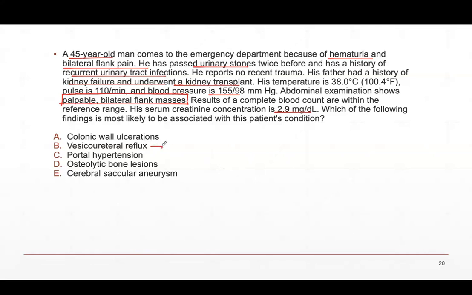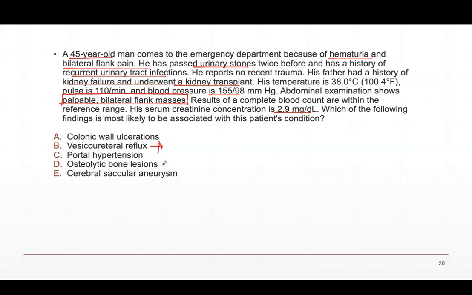Usually you'll find this in pediatrics, but not in adults. Portal hypertension is a great guess, but actually this happens in children, and I'll explain it to you in a bit. D, osteolytic bone lesions. What are you thinking about?